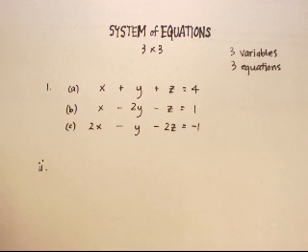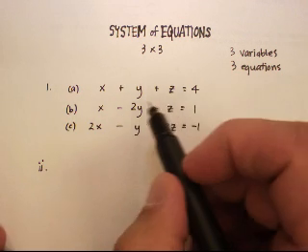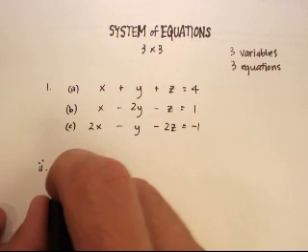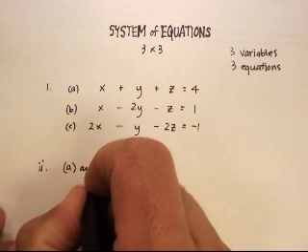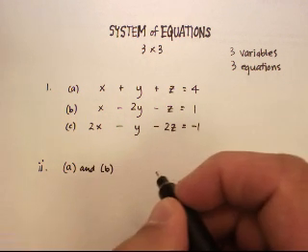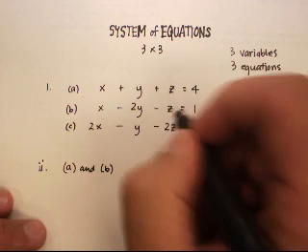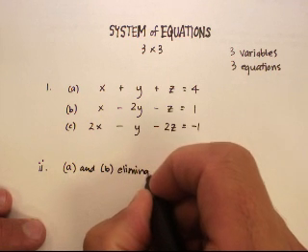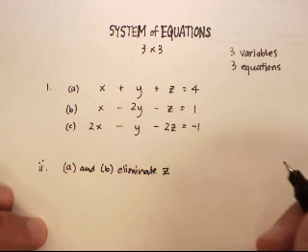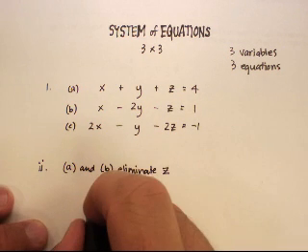So I'm going to start off by looking at equation A and equation B, and I'm going to eliminate the z variable. Eliminate z. So let's go ahead and do that.